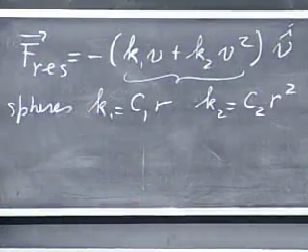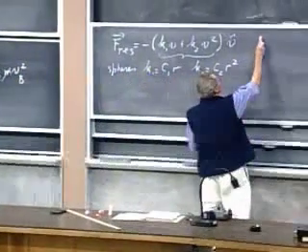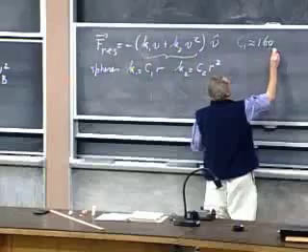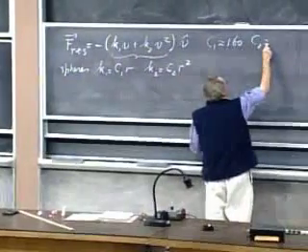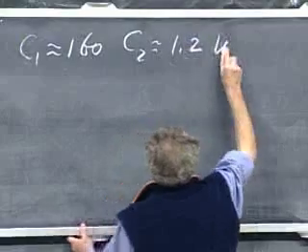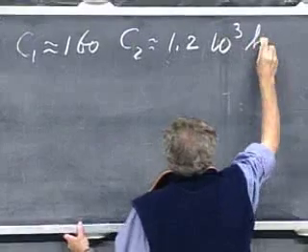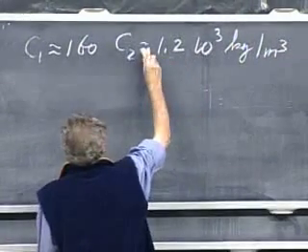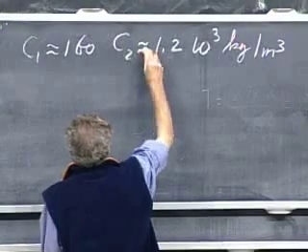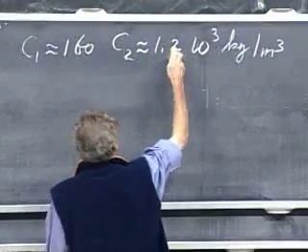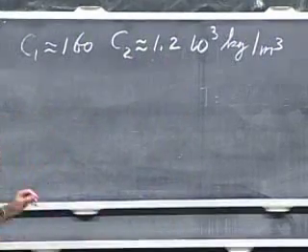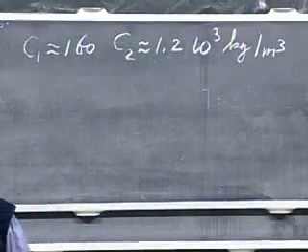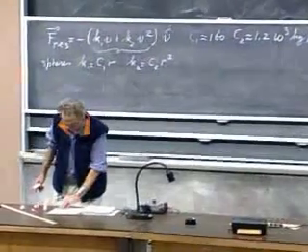And this was a syrup for which c1 was approximately 160, and c2 was about 1.2 times 10 to the third kilograms per cubic meter. I always remember the units of this, because that's always density. In fact, it's always a little smaller than the actual density of the liquid of the syrup itself. This is a more complicated unit, but you can figure that one out for yourself.